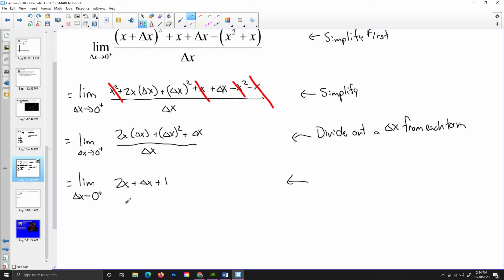Now this is a new function where all of the limits are the same as that function with the exception of delta x equaling 0. Therefore, I am allowed to evaluate this thing through direct substitution.